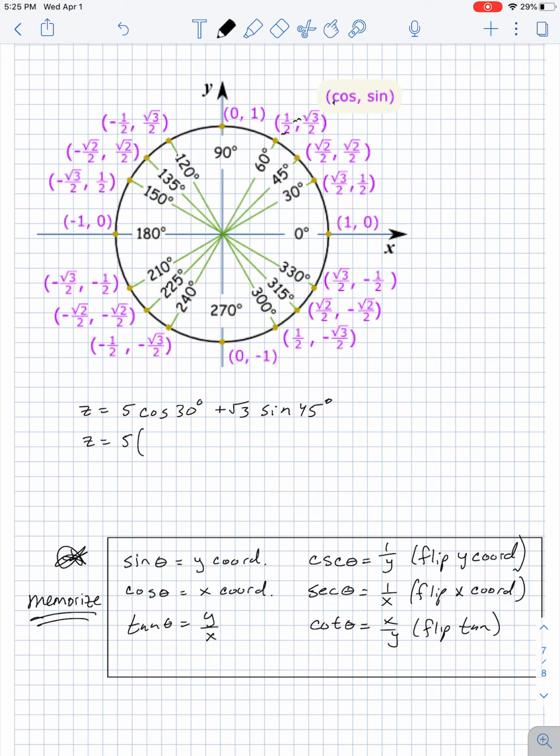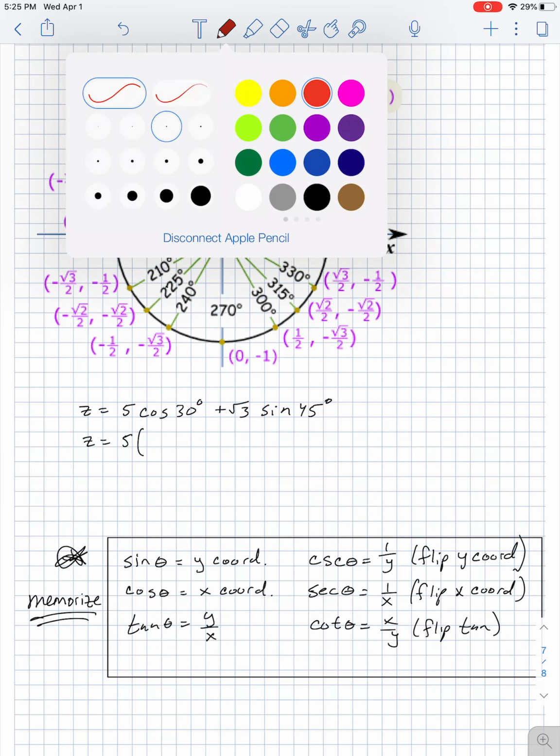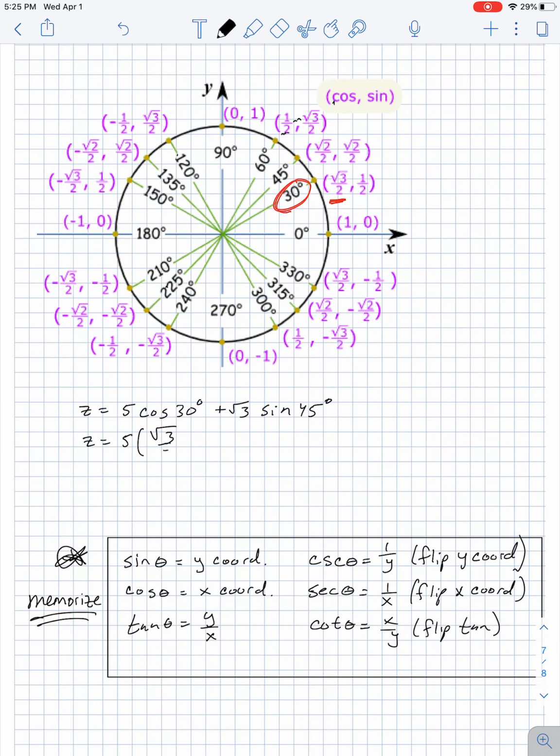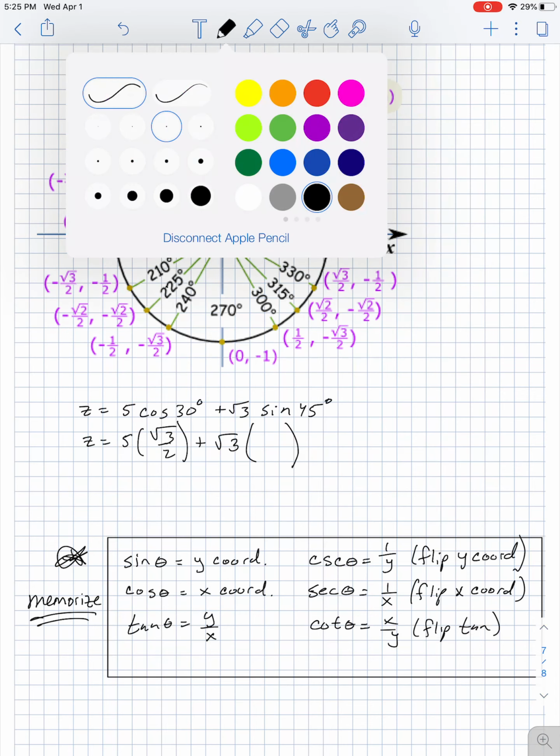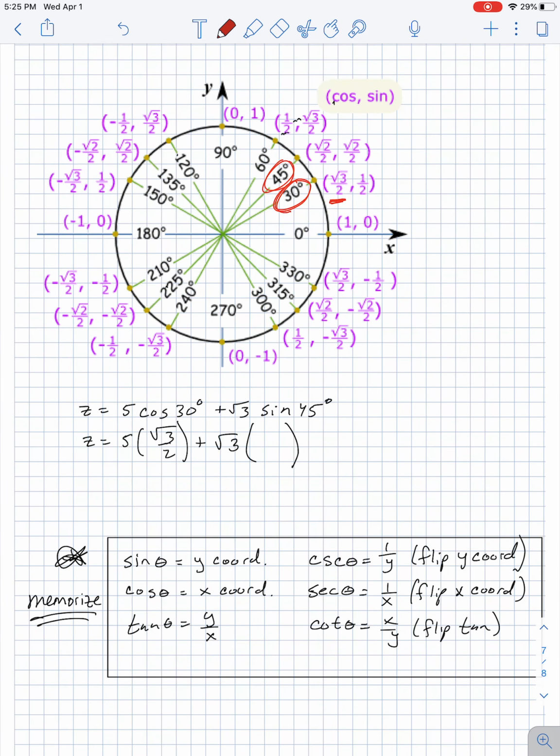I've got 5. What's the cosine of 30? Well, I find 30 on my unit circle, and because cosine is the x coordinate, I go over here and I say, oh, that's root 3 over 2. And then I want to know what the sine of 45 is, so instead of drawing the triangle and doing the ratios, I find 45 degrees, and the sine is the y coordinate.